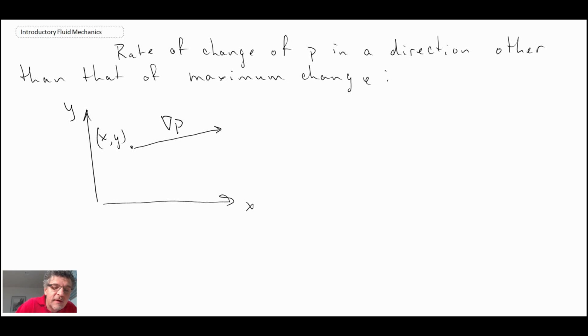But let's say we're interested in something different. Let's say we want to know, what about this direction here? I don't want to know the gradient direction. I want to know the rate of change in this new direction, s. So what we would begin by doing is determining a unit vector in direction s. I'm going to sketch out a little unit vector here. Then, in order to determine the rate of change in direction s, that would be the gradient of p dotted into the unit vector n.